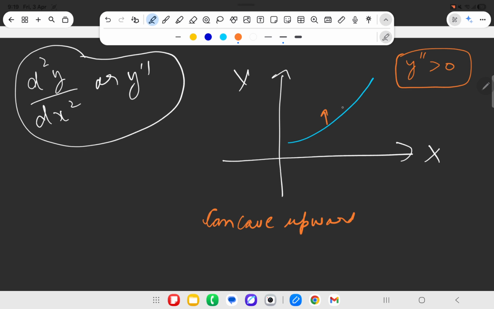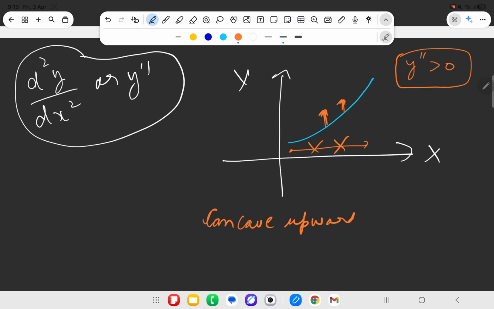See here, it's always concave upward. I'm not talking about from left to right hand side, I'm talking about the curve. Curve is clearly, you can say, upward side.